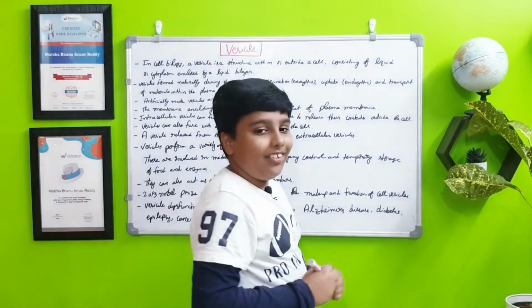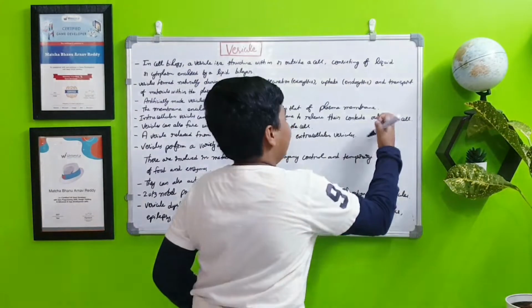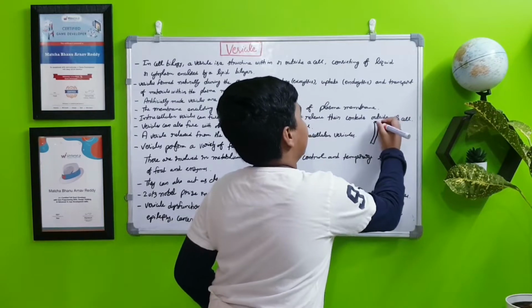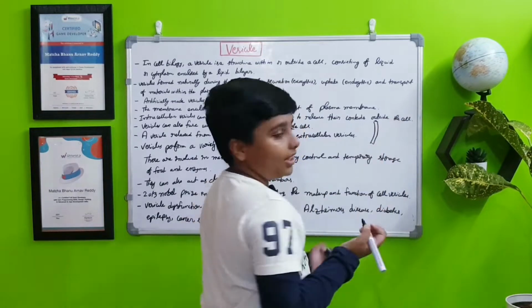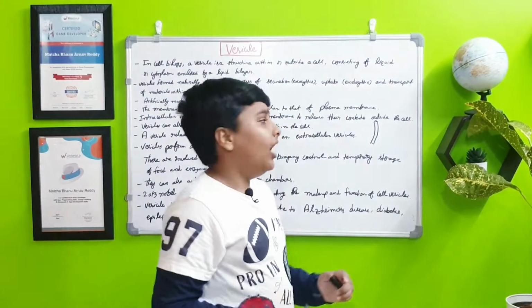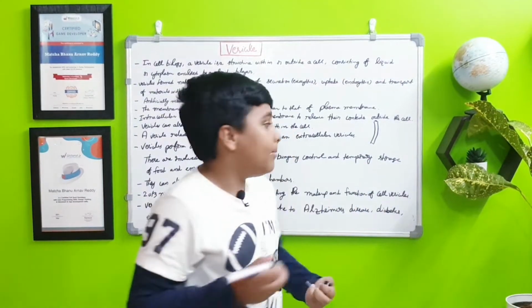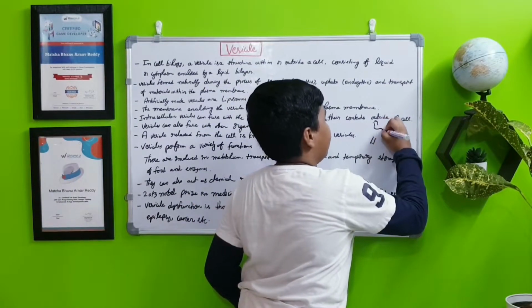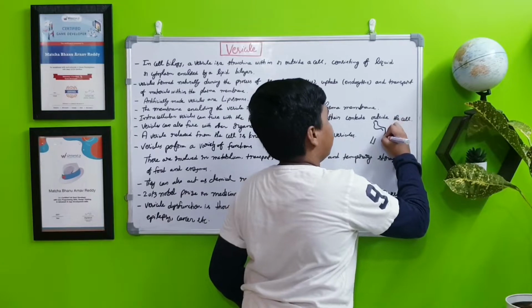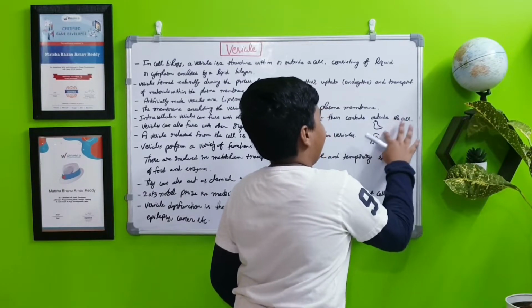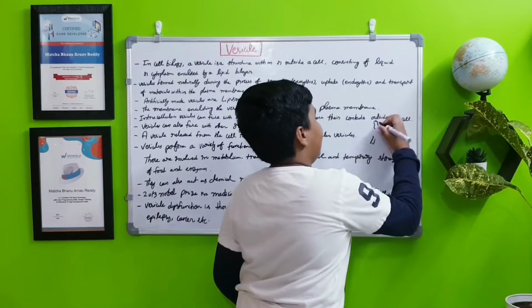So we need the cell membrane again. So this is the cell membrane. Here there's no vesicle yet, but the vesicle will form from the cell membrane only. The cell membrane will warp itself, turn into a circular shape like this and finally release itself.